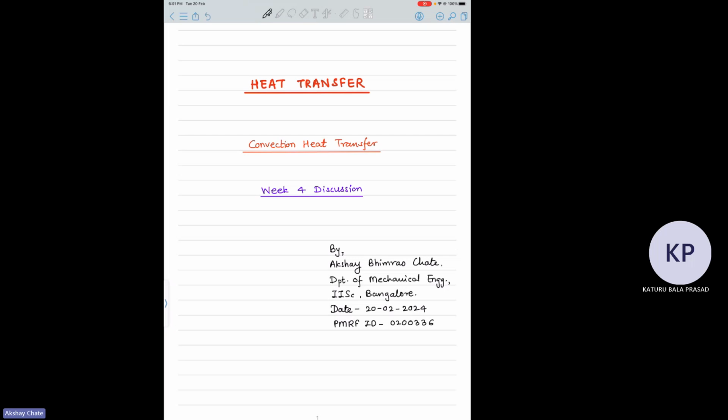I think in week 5 we will talk in more detail about the boundary layer, etc. But right now we'll do some introductory problems because that was mostly what was covered in the class. If I look at your assignment also, we'll solve similar problems, but going forward it will be a more involved discussion on the boundary layer.